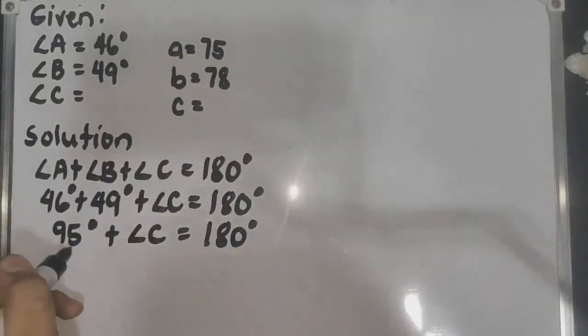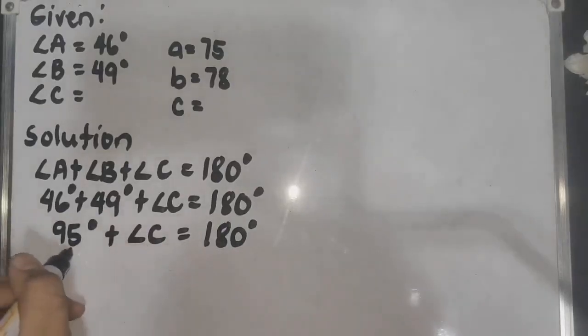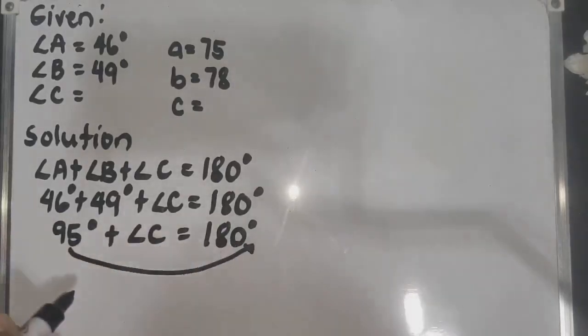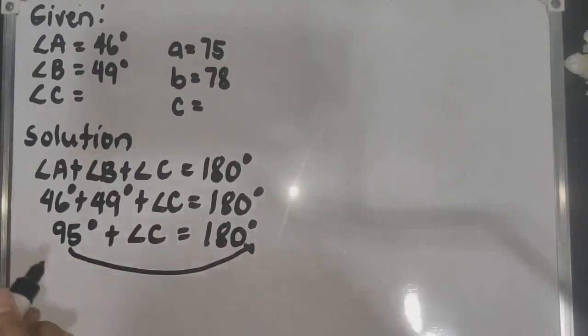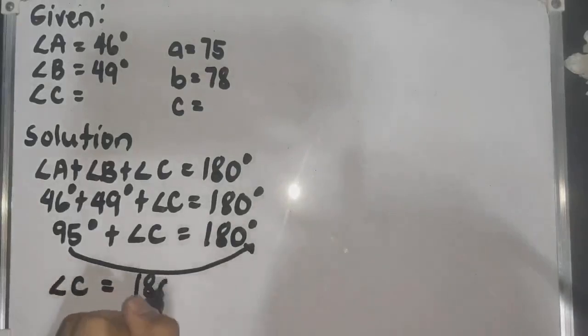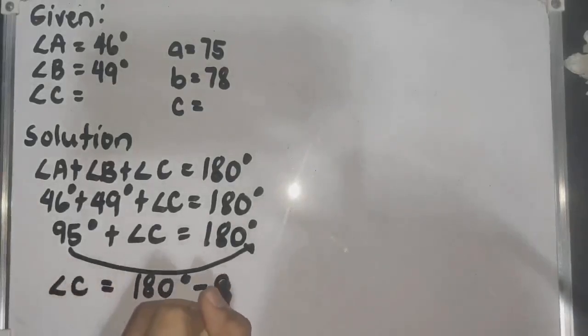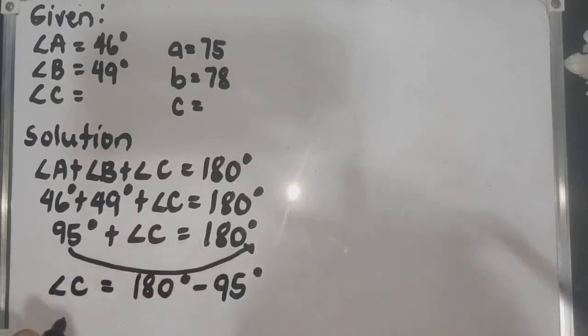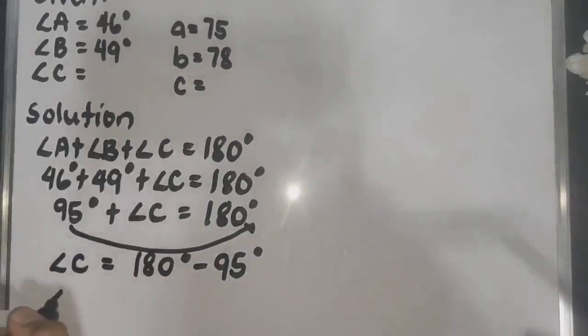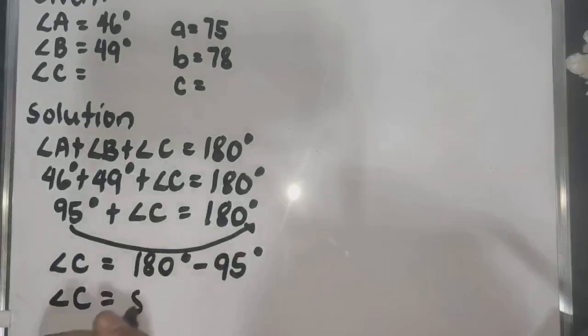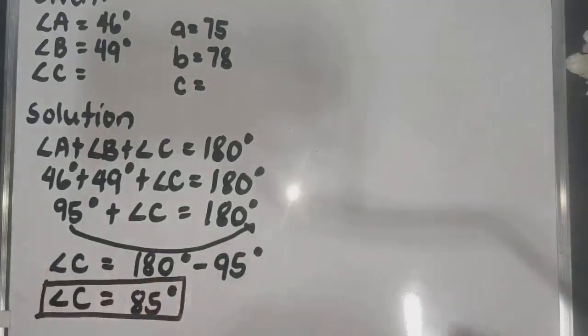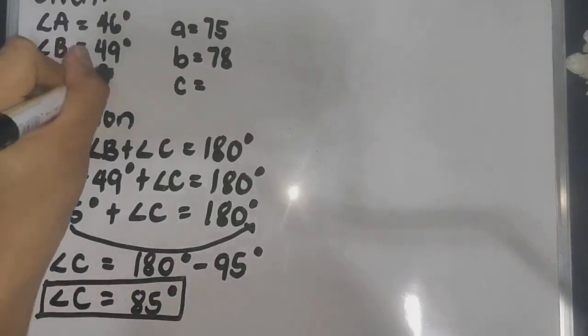Dahil angle C yung hinahanap natin, ililipat natin yung 95 degrees sa katabi ng kaparehas niyang number. So, matitira na lang dito is angle C is equal to 180 degrees minus 95 degrees. So, the value of angle C is 85 degrees. Kompleto na yung ating angle. So, angle C is 85 degrees.